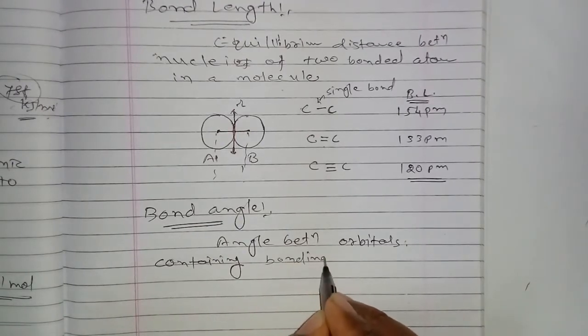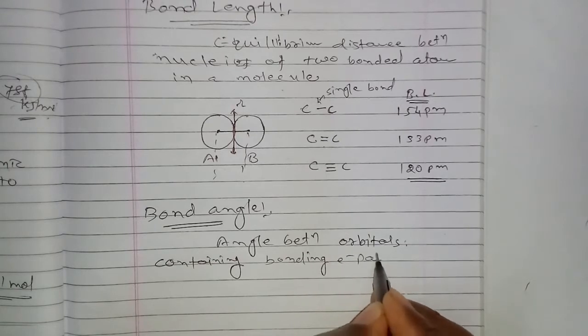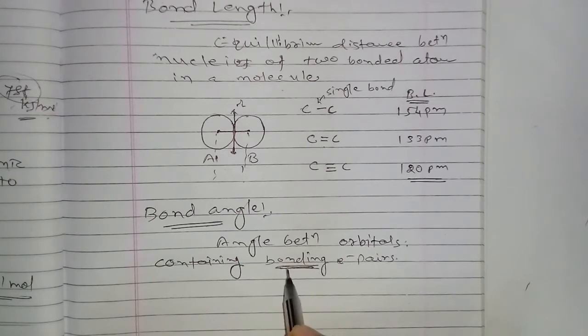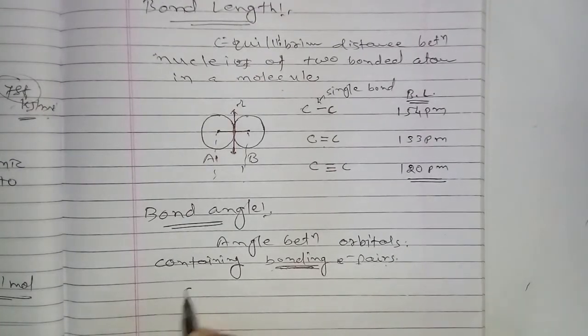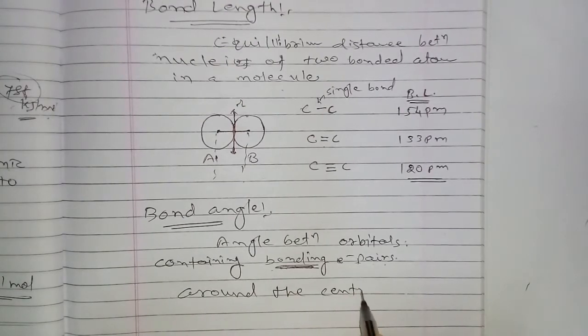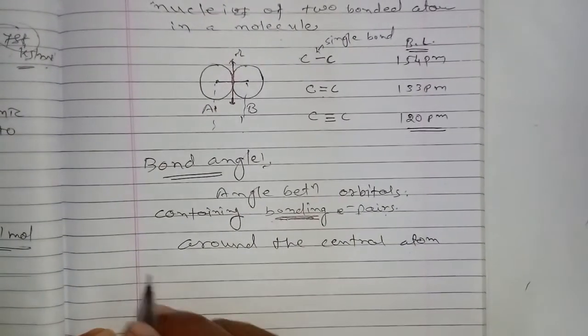Bonding electron pairs means electron pairs that participate in bonding, to make a bond. That means the angle between the orbitals containing bonding electron pairs around the central atom.